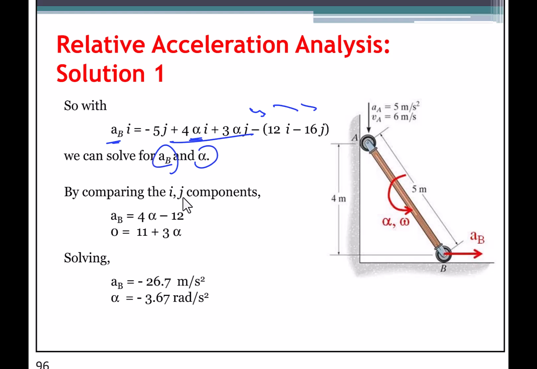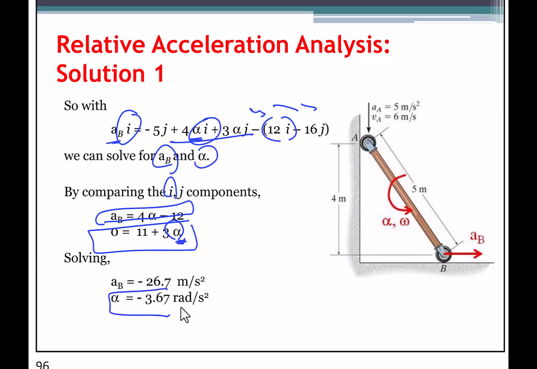I compare the components. The i components, this and this and this, will give me aB equal to this, and this is the j equation. This has one unknown, so omega and alpha is given by this, and I substitute it in this equation and get aB. We notice that alpha is in the negative direction, so opposite to what I expected. I drew it this way but it is actually in the negative direction, but it doesn't matter.